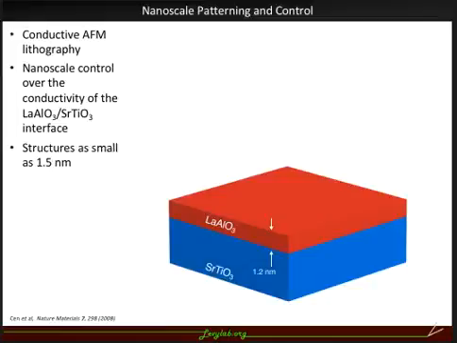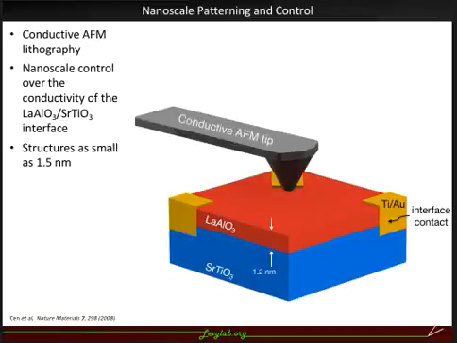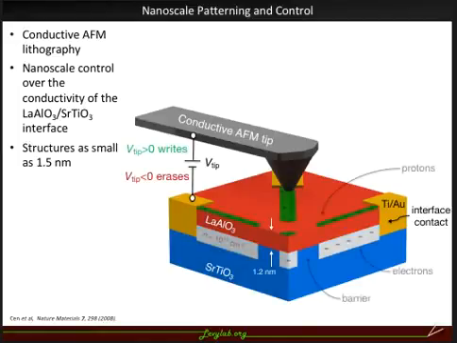So in this case, the interface is naturally insulating. But we can deposit electrodes which can contact the interface and then use a conductive atomic force microscope tip, which when positively biased will deposit protons on the surface of the material, which then induces a conductivity at the interface.